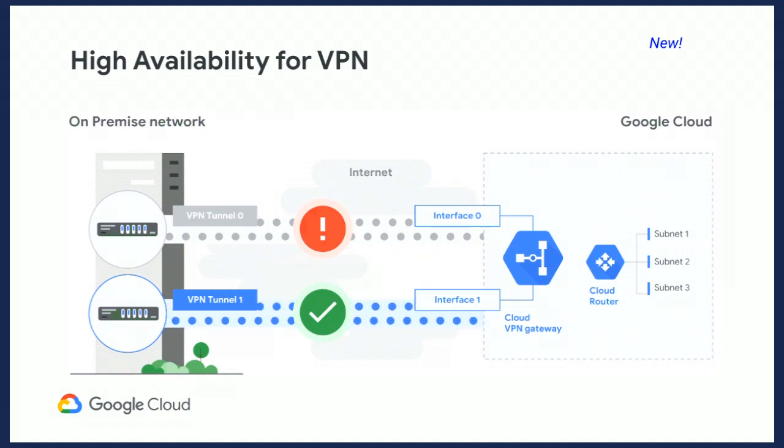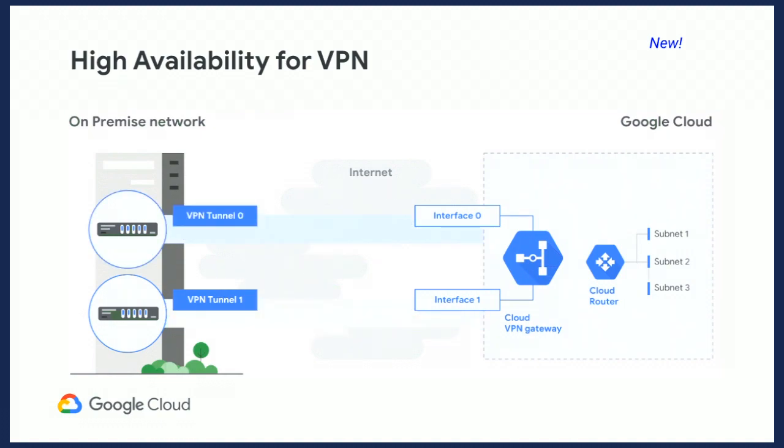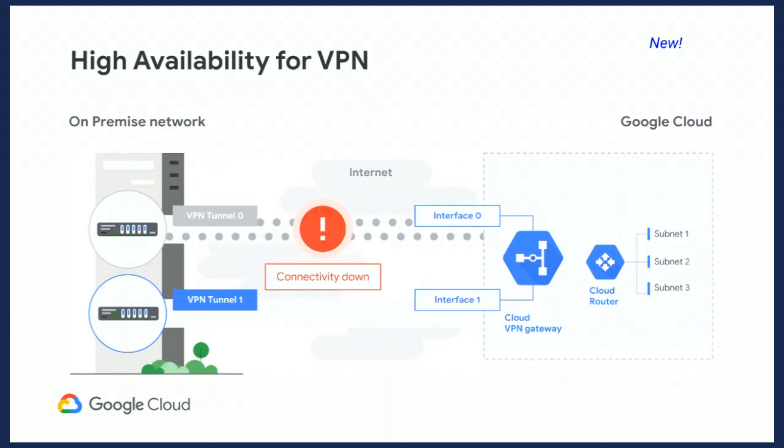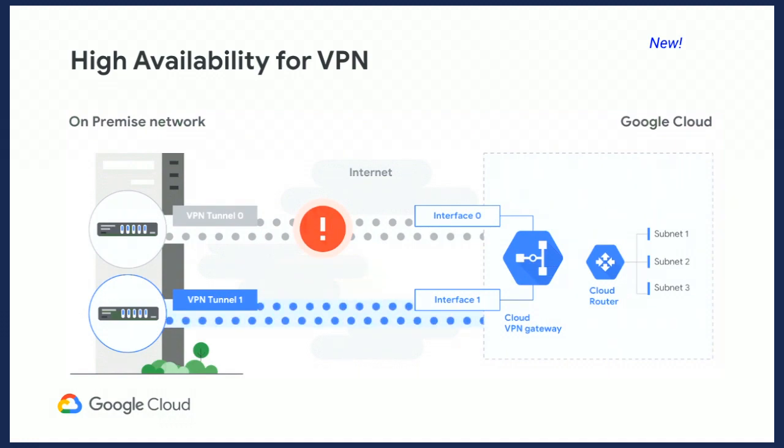Each of these interfaces would get a different IP address, and due to this, you basically get a redundant VPN tunnel to your on-prem. You can set up your highly available VPN either in active-active mode, in which case you're advertising the on-prem prefixes using the same MED value, or you can use it in active-passive mode, where one of the tunnels is used as the primary and the other is used as a backup.